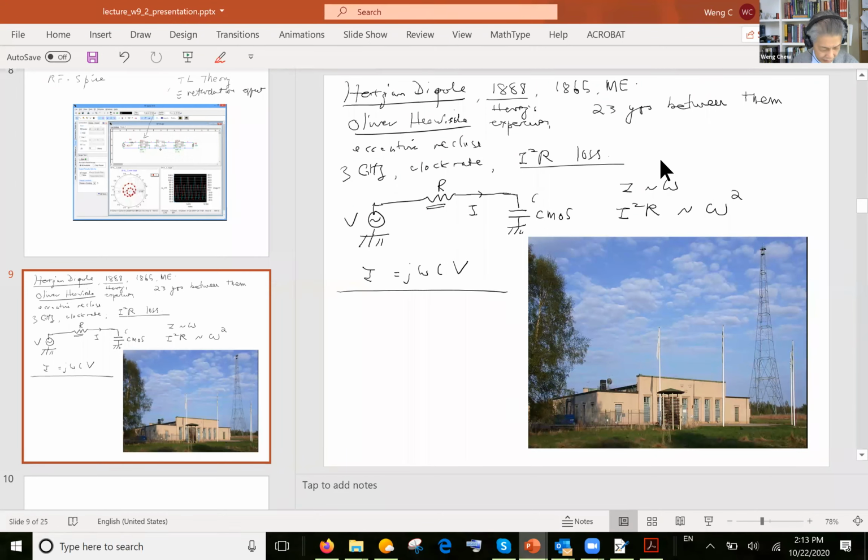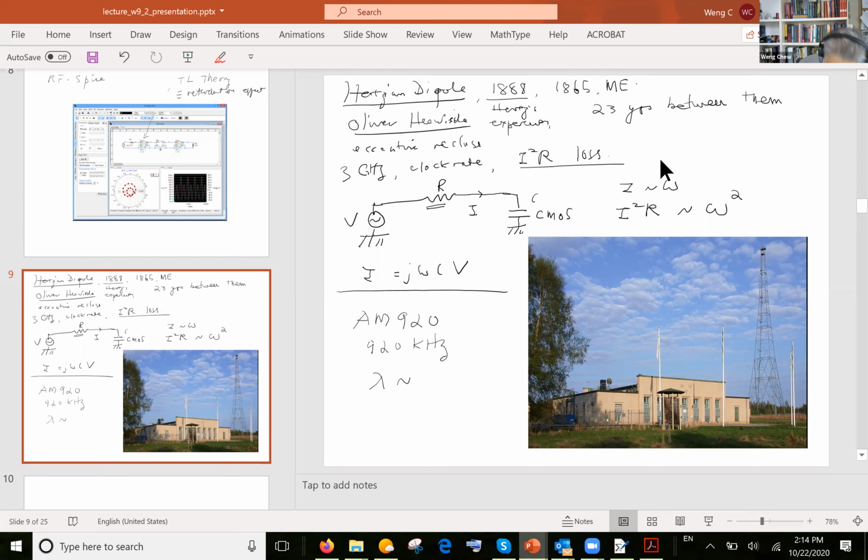So another thing is that I like to talk about radiation, and I think at one time I asked you to calculate AM 920. It's a local AM station that we have in Lafayette, and it operates at a frequency of 920 kilohertz. I think somebody went and calculated the wavelength.